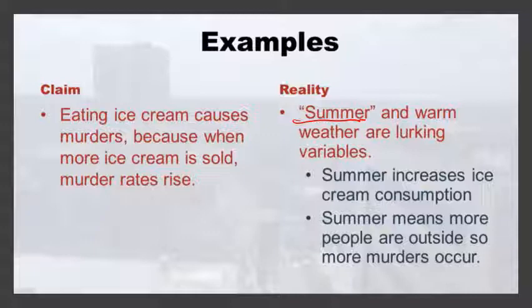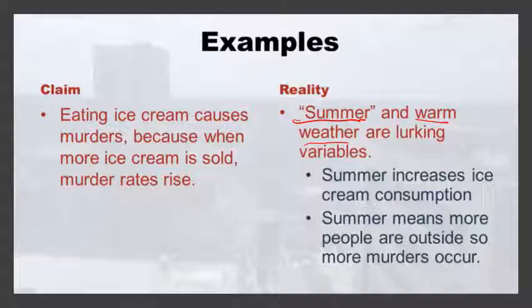So in this case, summer and warm weather would be lurking variables. These are two variables that are linking ice cream sales with murder. Because I don't know about you, but when I eat ice cream, I don't necessarily get mad enough to murder.